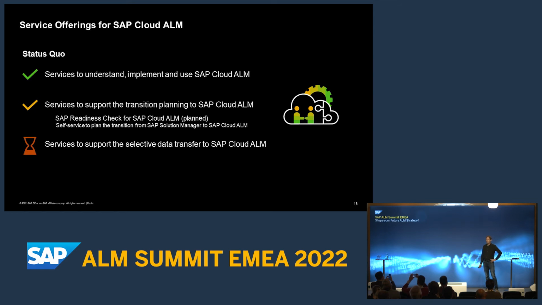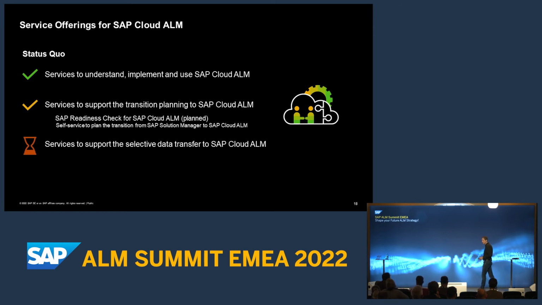Furthermore, there are services which support you in the transition planning to Cloud ALM. That is basically the offering Gustavo has just mentioned. That's the readiness check for Cloud ALM, which is a self-service which helps you to plan and scope your transition to Cloud ALM.